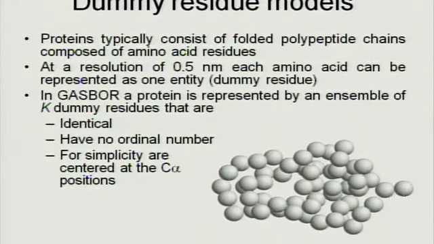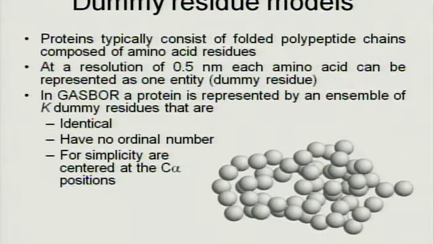So, in the program called Gasbore, one attempts to represent a protein as an ensemble of dummy residues. Each of these residues will be identical. They will not be connected in a chain. The number of these residues will be the same as the number of residues that you know there is in the protein.